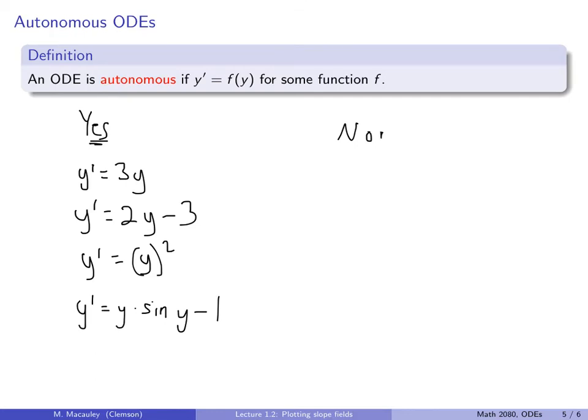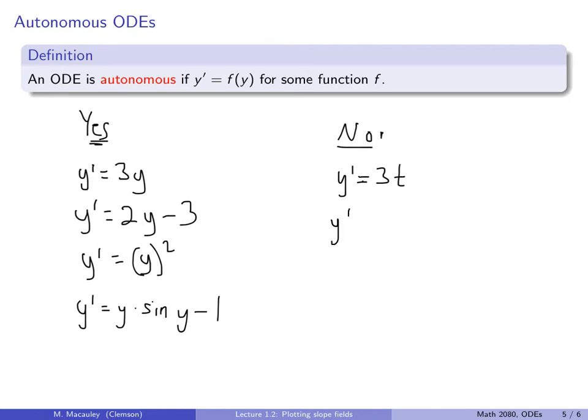Non-examples. Y prime equals 3t. That's not an autonomous differential equation. And that's actually one you know how to solve. This is something that you can solve with just basic calculus, just integrate both sides. But most of the equations we're seeing, something like this, our calculus isn't going to work. We need more methods. We need new tools.